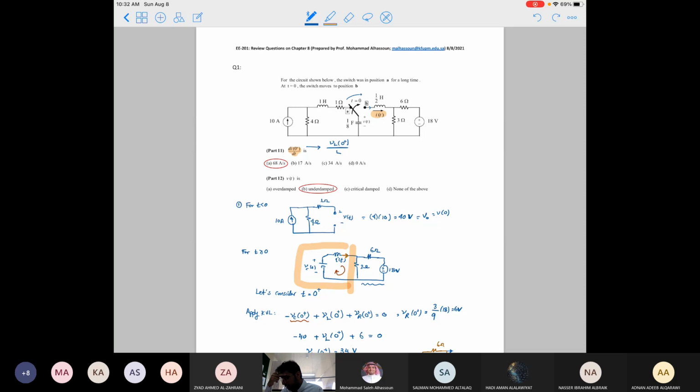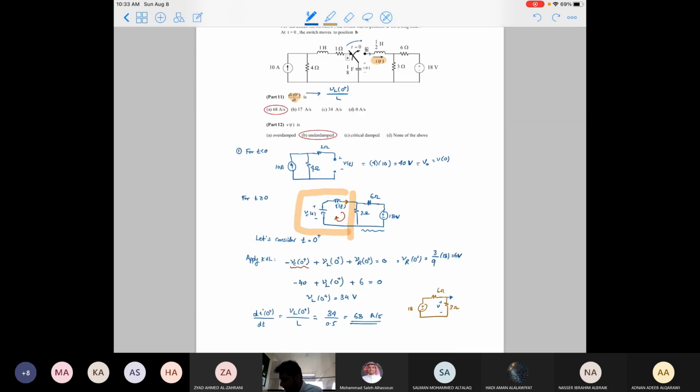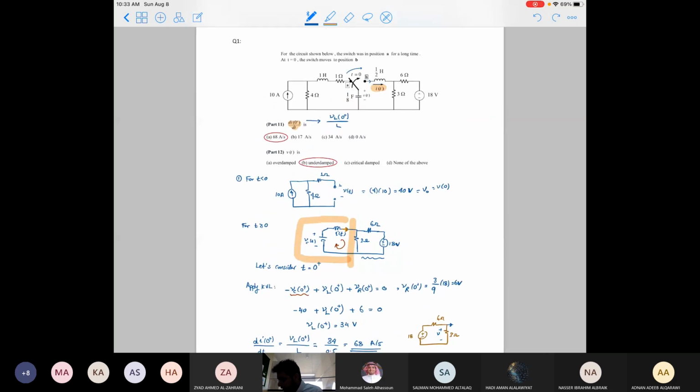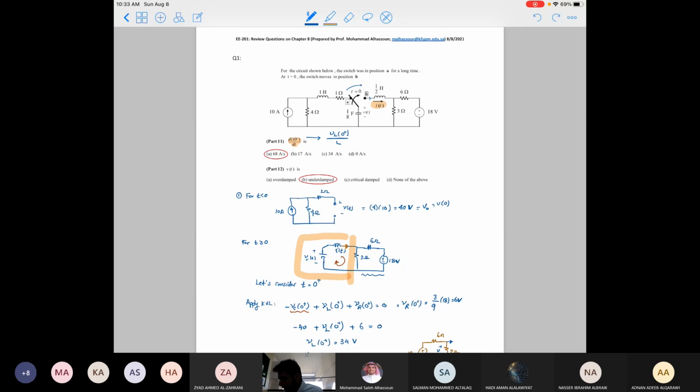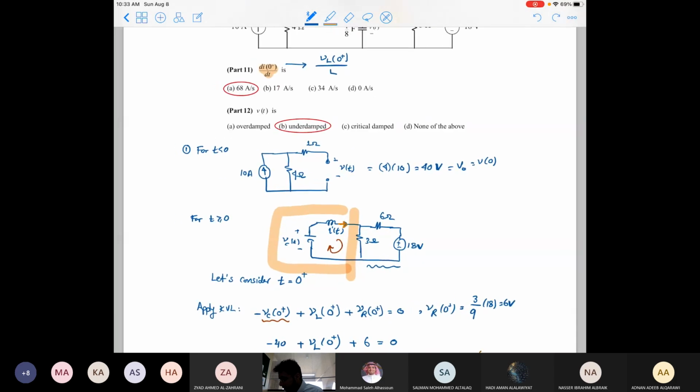Okay, very good. So now let's see what type of response we have. Will it be overdamped, underdamped, critically damped, or none of the above? In order to do that, sometimes you will not be able to realize it directly.